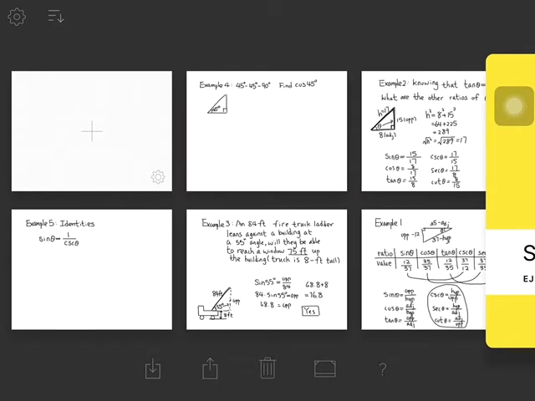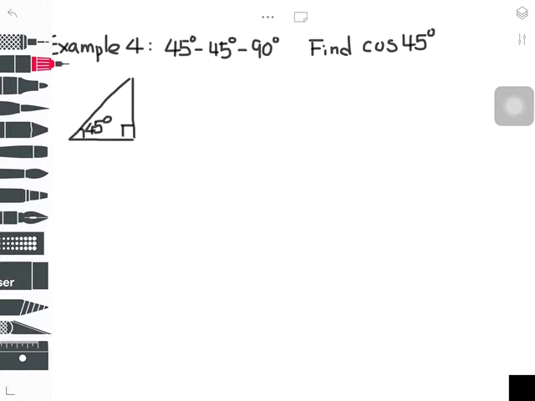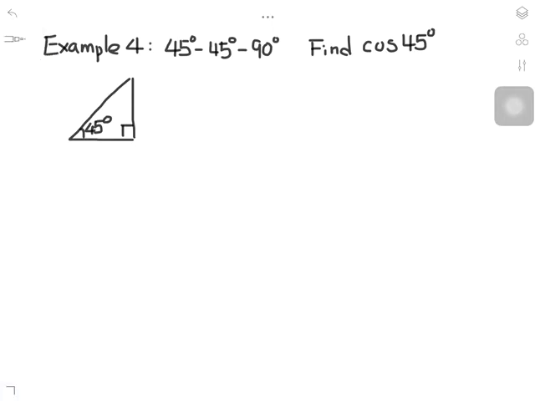Example number 4. That's a special triangle. If you remember from your geometry class, you could quickly find the answers. If you don't, let me just go through the process again, so hopefully it'll bring back your memories. This one is asking you to find the ratio of cosine 45. Again, I make myself a sketch of a 45 triangle.